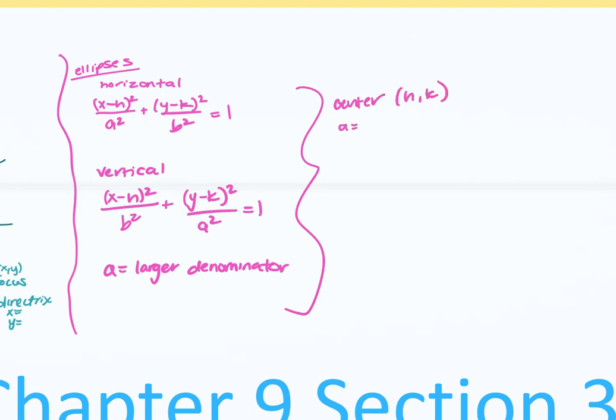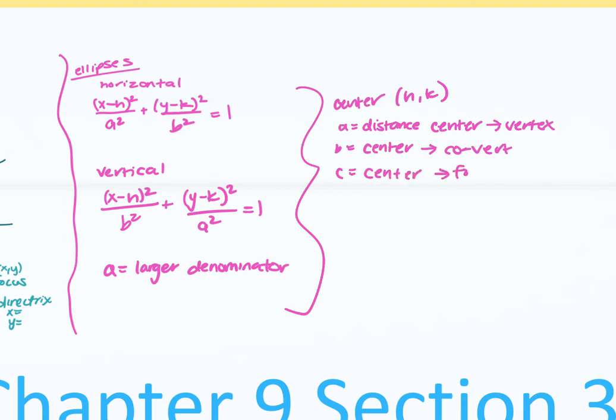The a is the distance from center to vertices. B, center to co-vertices. C, center to focus. C squared equals a squared minus b squared.